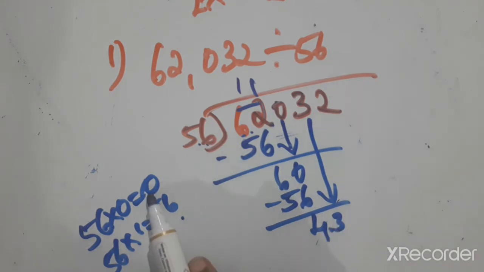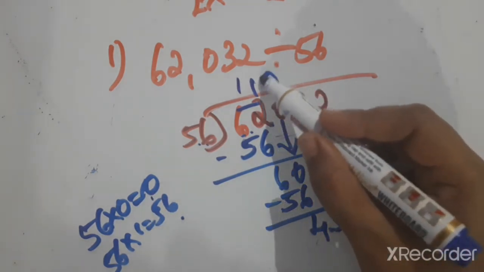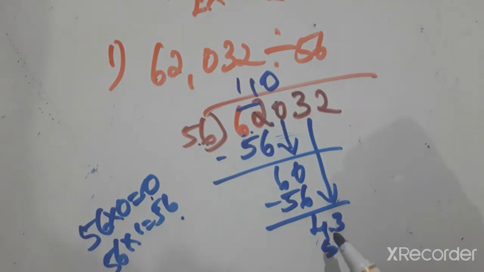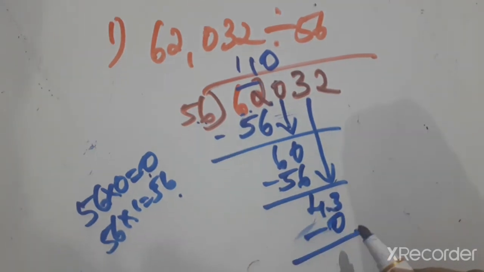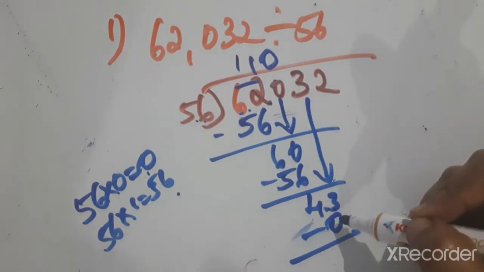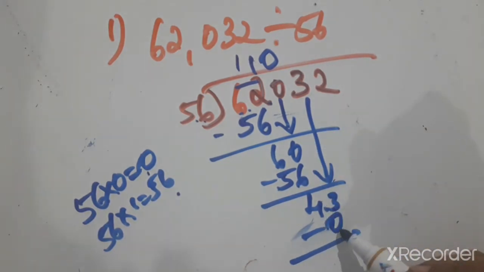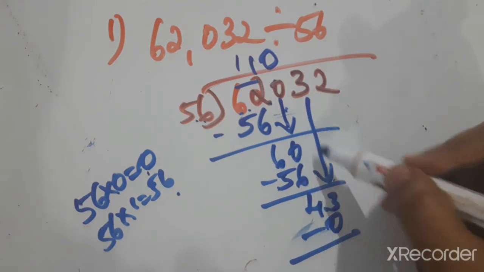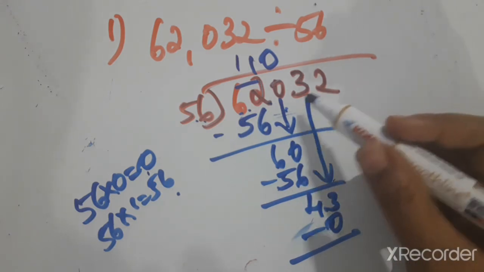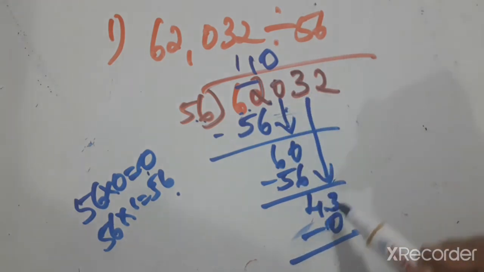So the nearer is 0, because we are carrying only one number. Now 43 minus 0 is 43. Only one digit in each step, not two. This is the safer side, children, so without any mistake we can find the division with this method.